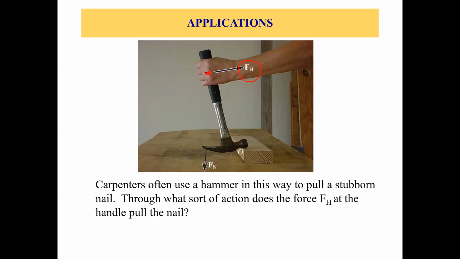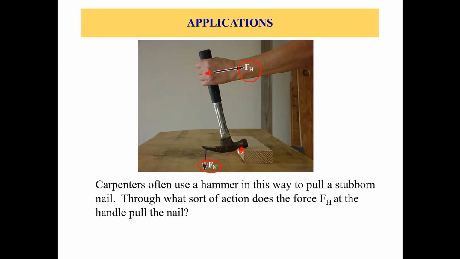This force is pulling out this nail. Let's say we have a nail here. So this hammer is pulling out this nail with that force Fh. But this hammer is rotating at this point.